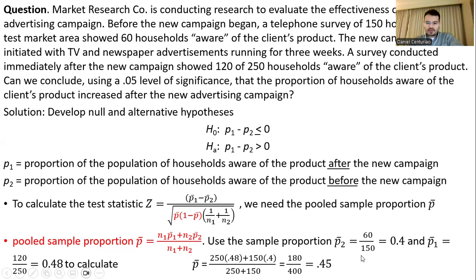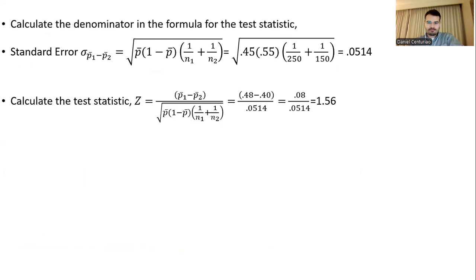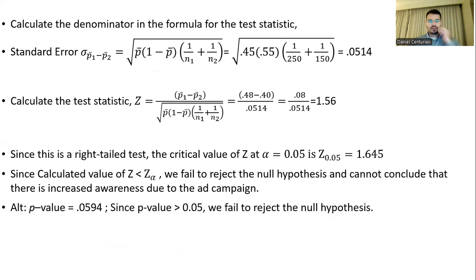Okay, 0.48 is basically if you divide each one of the proportions and just sum the two of them, you calculate 0.48, but if you do the weighted average, it's 0.45. Basically, then you can perform the calculation of the z, right?